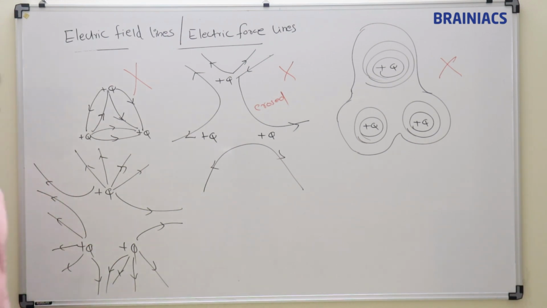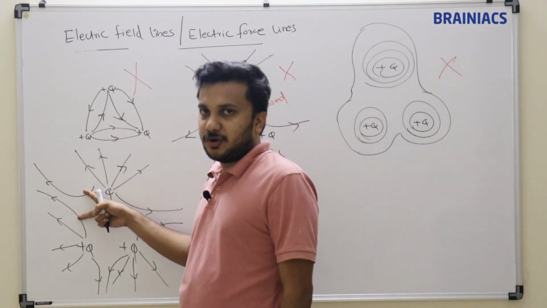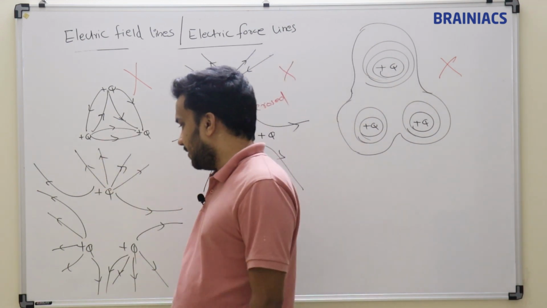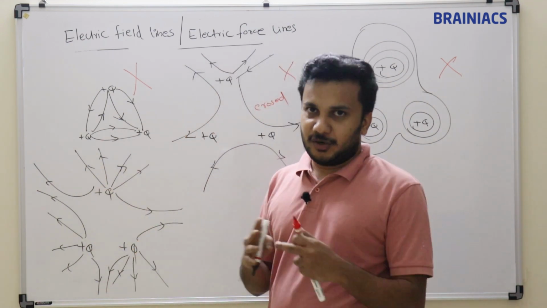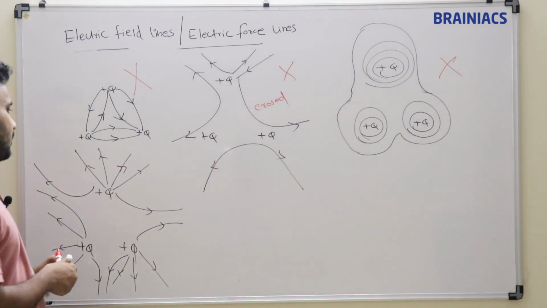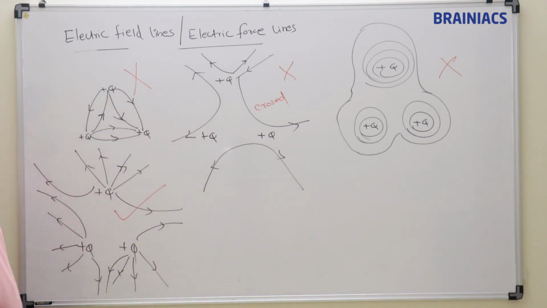Is this right or not? This is right. Electric field lines repel each other. The concept is that electric field lines from positive charges always go out. There are no intersections, no connections, no closed loops, so this obeys all our laws. This is the right answer.